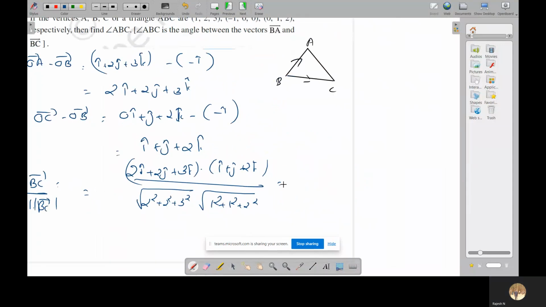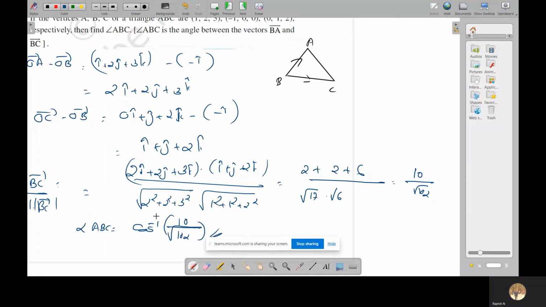That is equal to 2 plus 2 plus 6, which is 10, by root of 9 plus 4, 13, plus 4, 17, into root 6. 10 by root 17 into 6. 17 into 6 is root of 102. Therefore, angle ABC is equal to cos inverse 10 by root of 102.